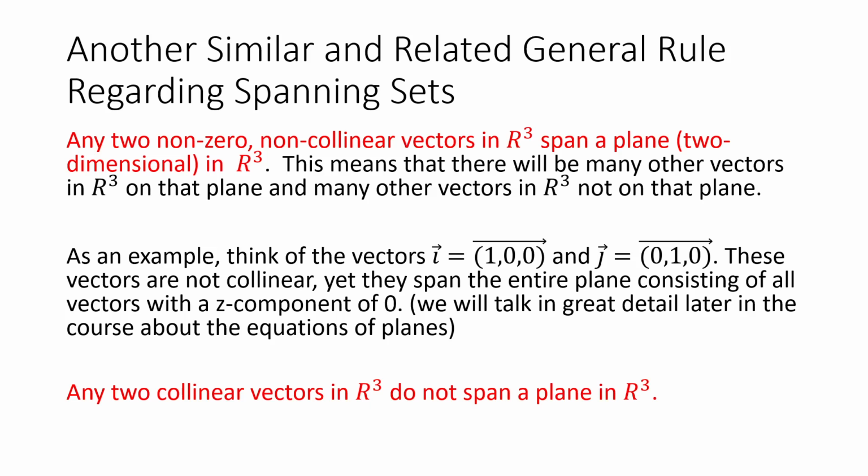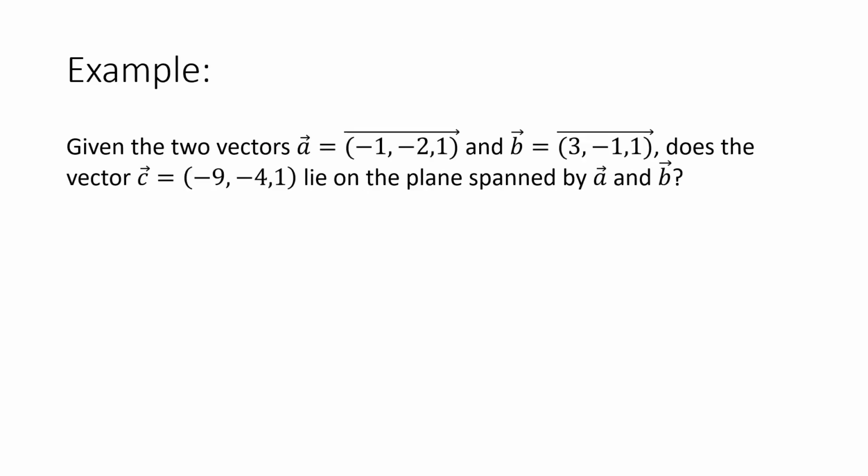So as an example, think of the vectors i equals 1, 0, 0 and j equals 0, 1, 0. Those vectors are not collinear, but they span the entire plane consisting of vectors with a z component of 0. And later in the course, we'll do a lot of discussion about planes. So any two collinear vectors in R3 do not span a plane in R3.